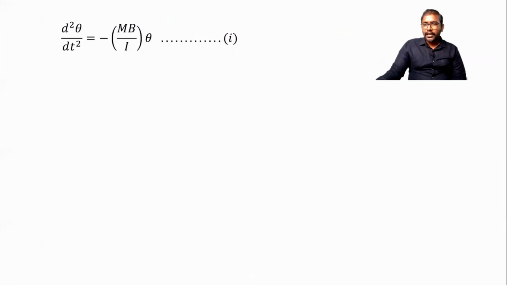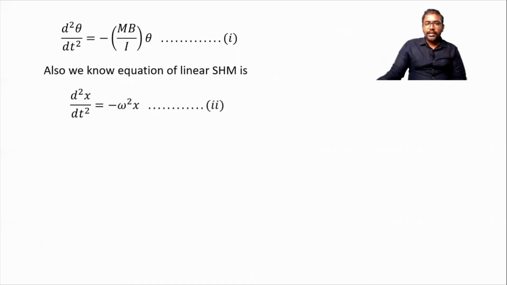Then I write the same formula again. After that we know the differential equation of linear SHM: d square x by dt square is equal to minus omega square x. So this is equation 2, and the earlier one is equation 1.